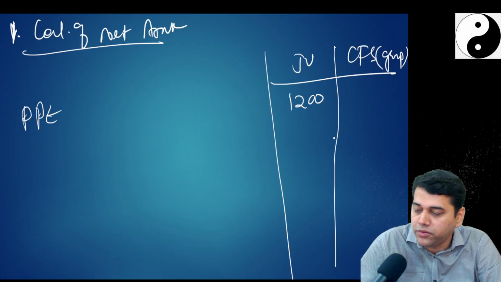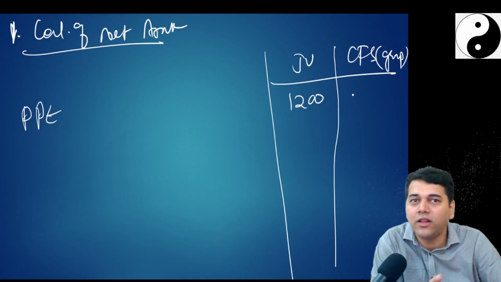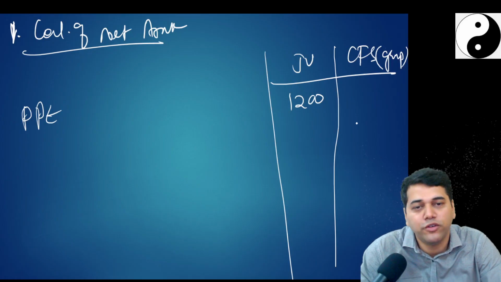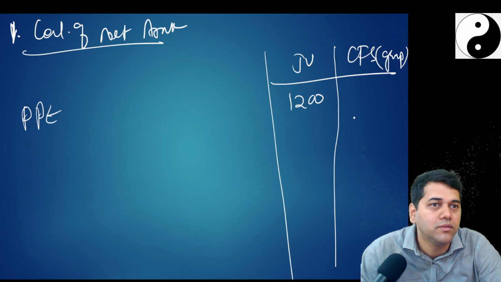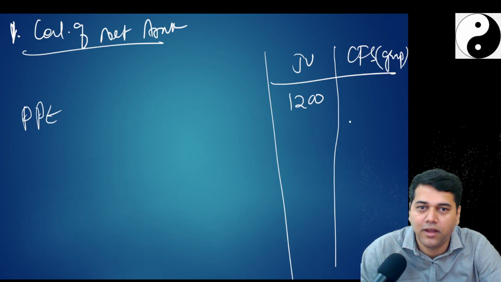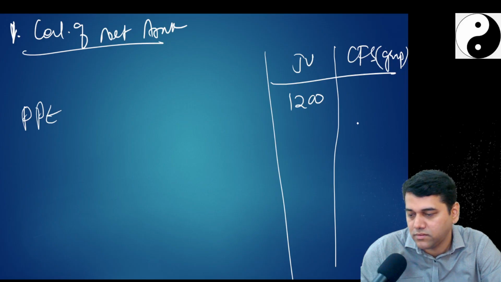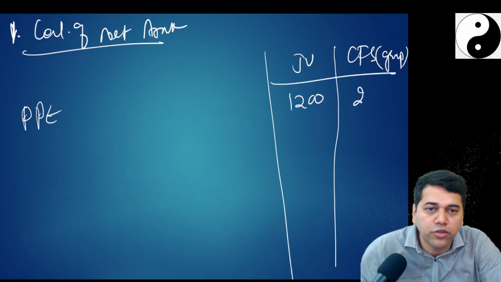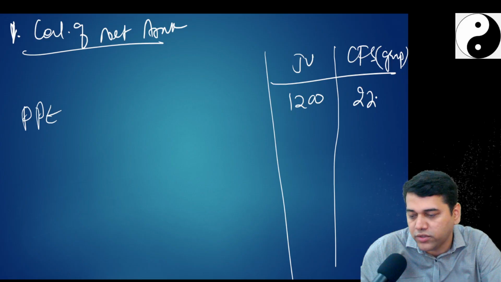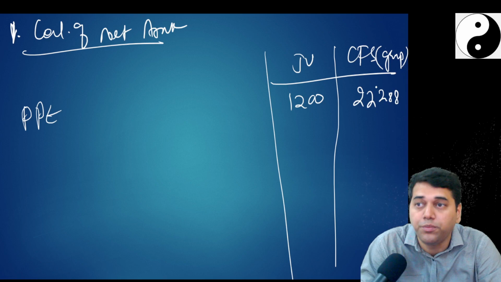How much is the group? All other CGUs. Here all the CGUs are 1. Joint venture CGU is 1. Can you tell me the other group? How much? Yeah, 22,288, because it's the total divided by proportionate, no? Okay, so it's the group only.